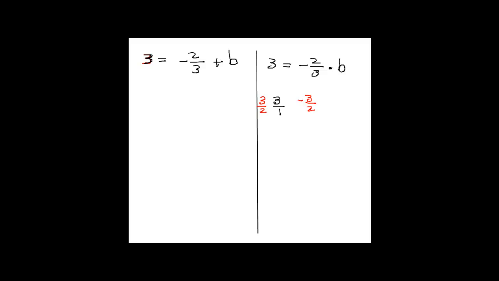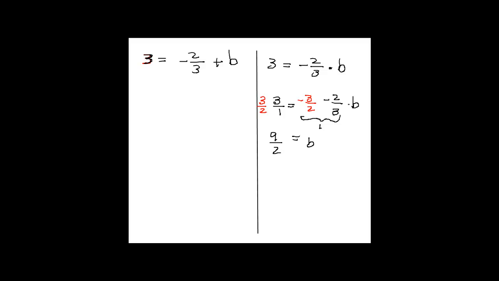Whereas when you have a number adding or subtracting a variable, to eliminate that you add or subtract that from both sides of the equation. So in this case, you're absolutely right. You multiply by the reciprocal if the number multiplies a variable. You want to get a coefficient of 1, so b would be equal to, in this case, 9/2.